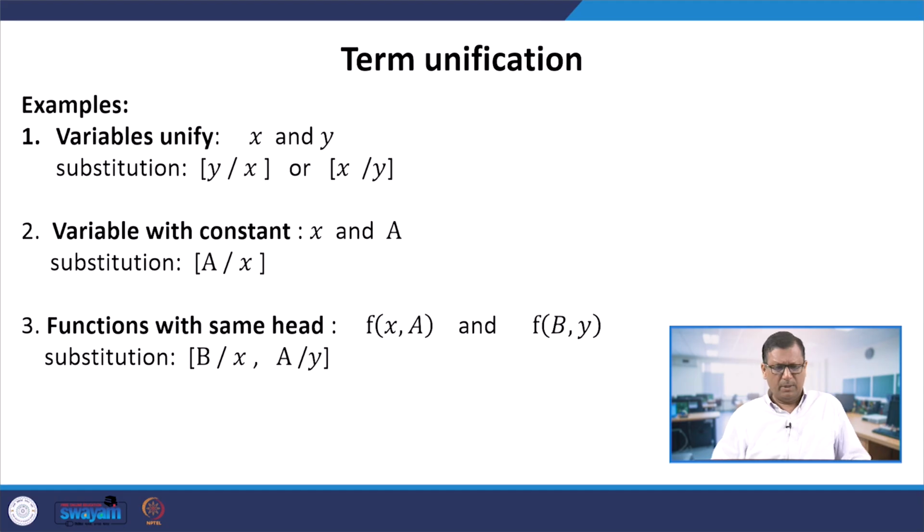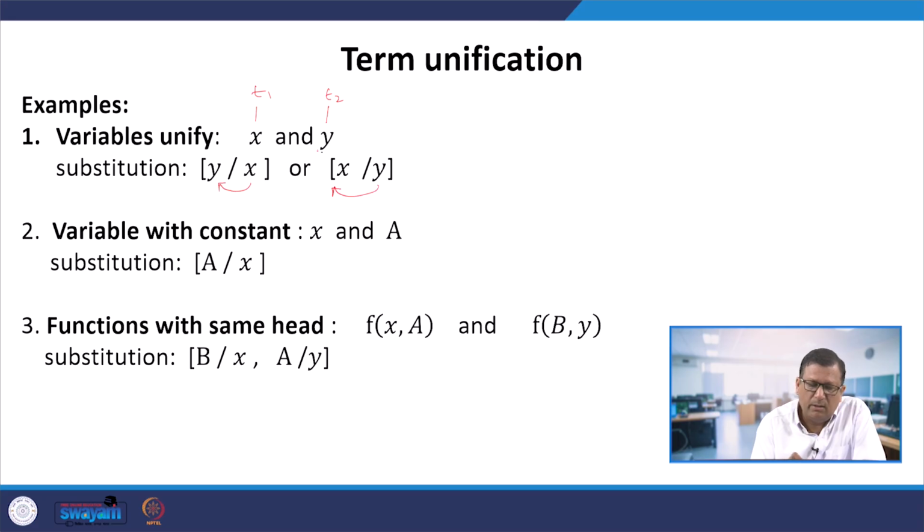So, we will take some examples. First, x and y are variables, these are terms T1 and T2. T1 is a variable, T2 is a variable. You want to make them look alike, so either x is replaced with y, or y is replaced with x. In either case they will look alike, so they unify.